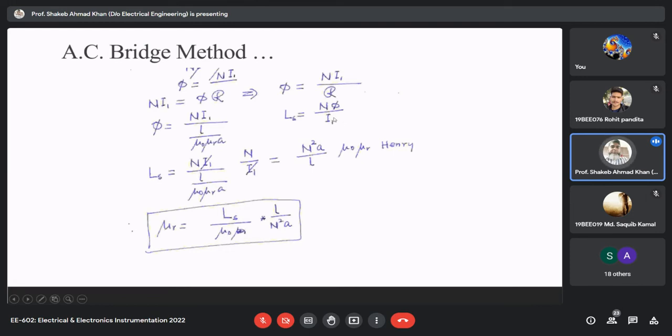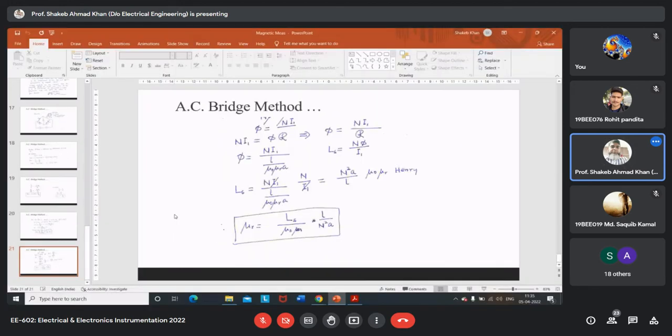So Ls is known. The self inductance is equal to flux linkage per unit current. So in place of phi we put this, and then I1 and I1 get cancelled, and we end up with this.